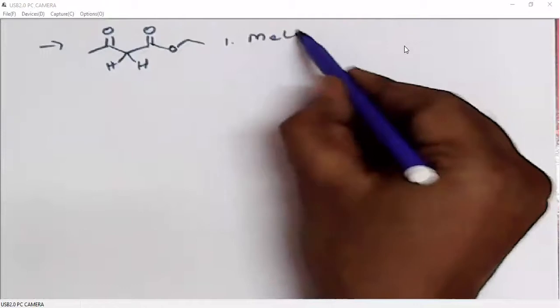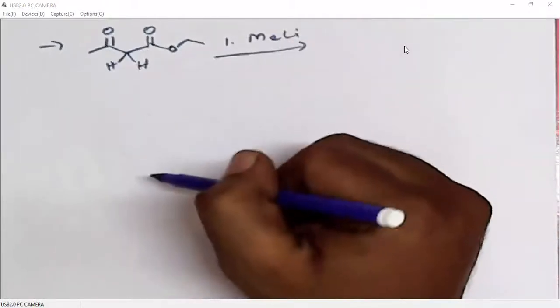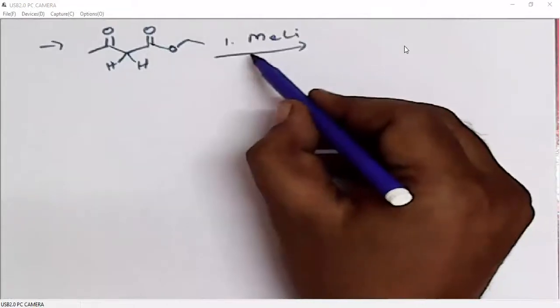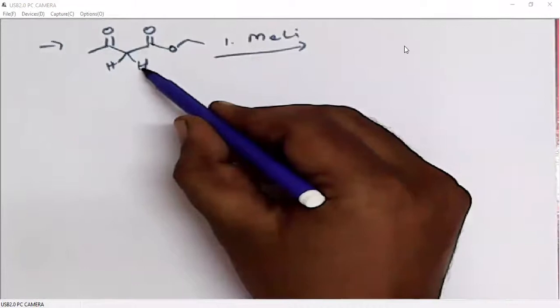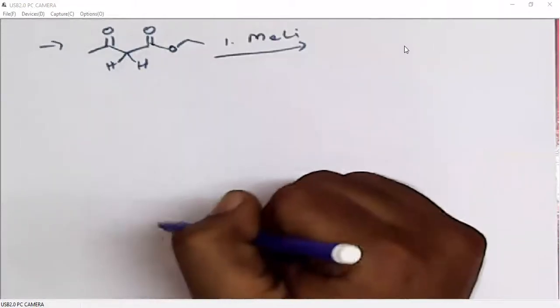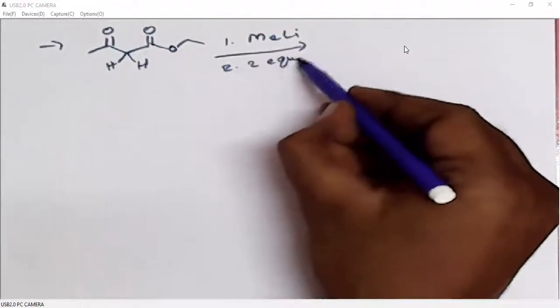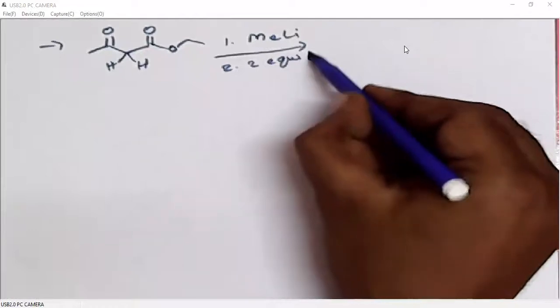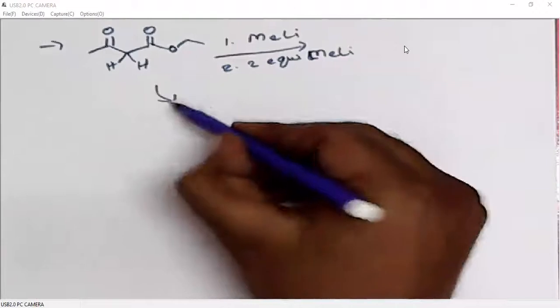So when we use methyl lithium to react with this compound, methyl lithium immediately acts as a base and undergoes proton abstraction. So we are generating a negative charge here. That means we are generating organolithium reagents in situ.